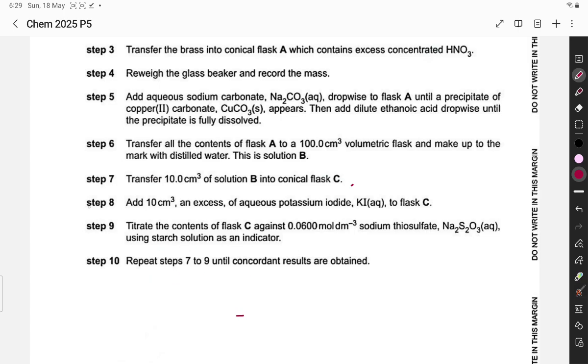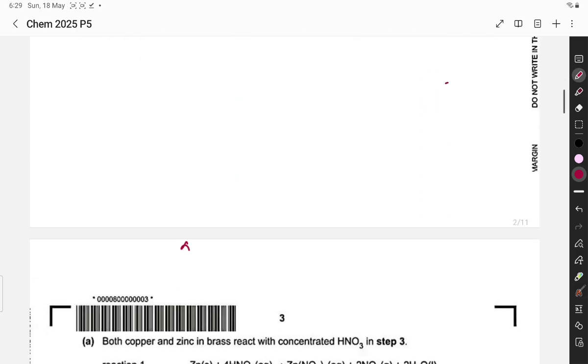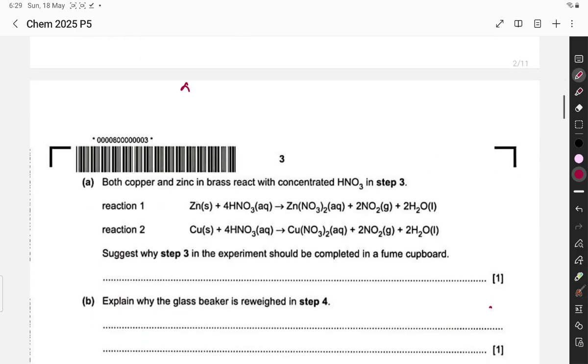Step 10: repeat 7 to 9 until concordant results are obtained. Both copper and zinc in brass react with concentrated nitric acid in step 3. Zinc reacts with nitric acid to form zinc nitrate, nitrogen dioxide and water, while copper reacts with nitric acid to form copper nitrate, nitrogen dioxide and water.